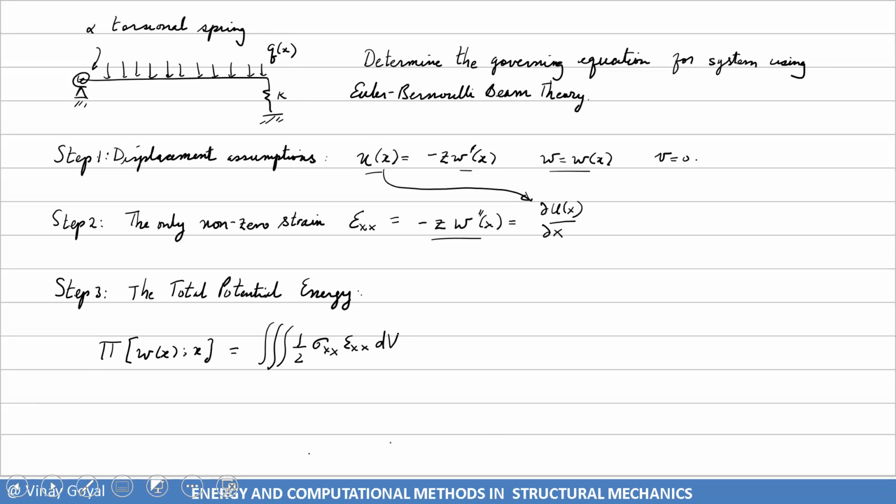I also have then the potential energy due to loads applied, only in the top surface, only in this surface here, the top surface, and I'll call it q bar.